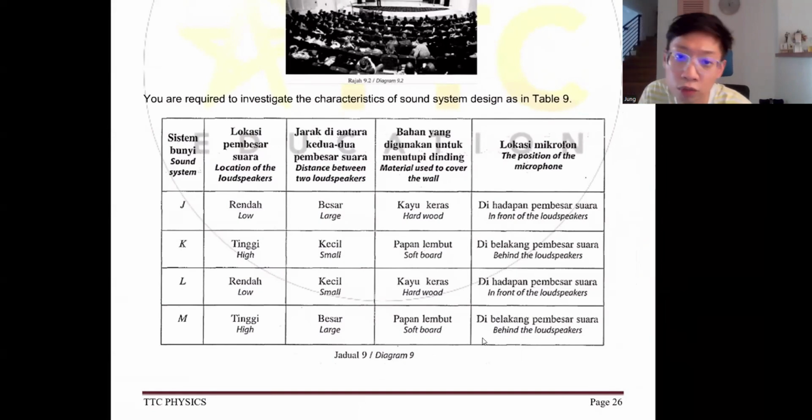J, K, L, and M. Which one is better? M. Okay.